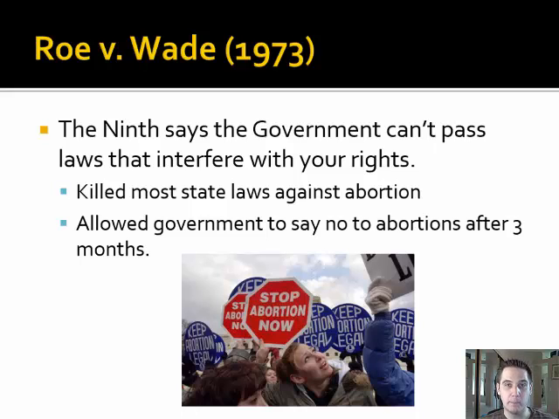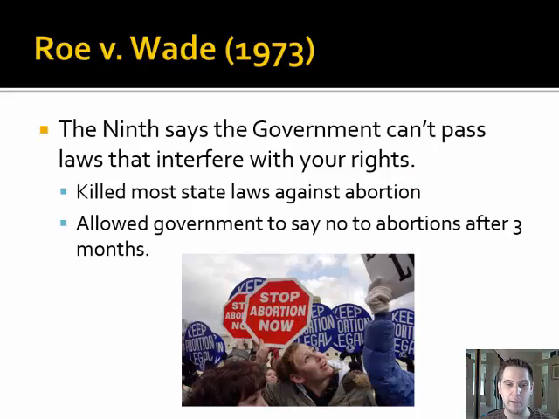Before Roe versus Wade, most states, not all, but most states had laws making abortion illegal. So this court case was the first one that said that abortion cannot be made flat out illegal. You have to allow people to have abortions based on the Ninth Amendment, which says the government can't pass laws that interfere with your rights, even if those rights are not in the Constitution.